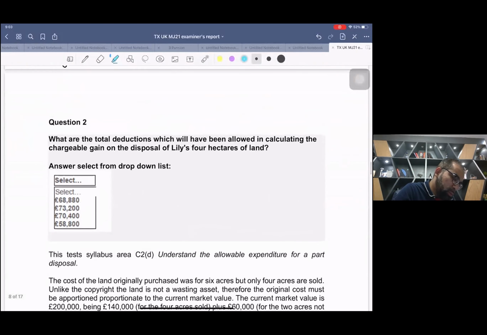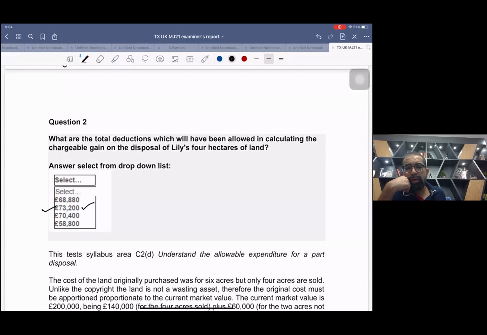What are the total deductions allowed in calculating the chargeable gain? The answer is 73,200.